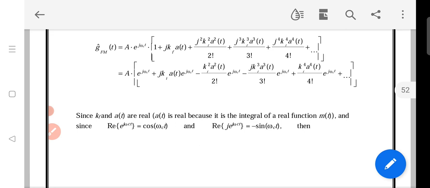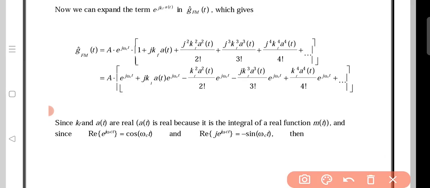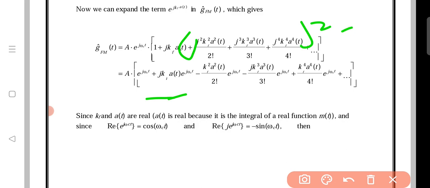The multiplication gives A into e power j omega ct plus j kf a of t e power j omega ct, then minus, since j square equals minus 1, we know that relation, minus kf square a square of t by 2 factorial into e power j omega ct. Then here also minus j kf, meaning j square into j cube, is similar.